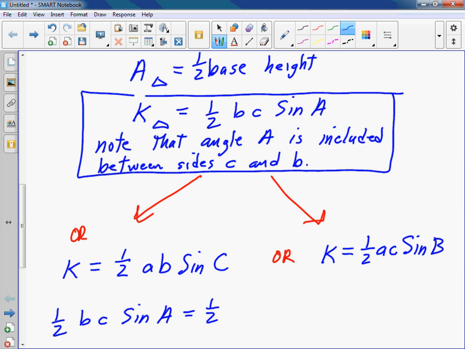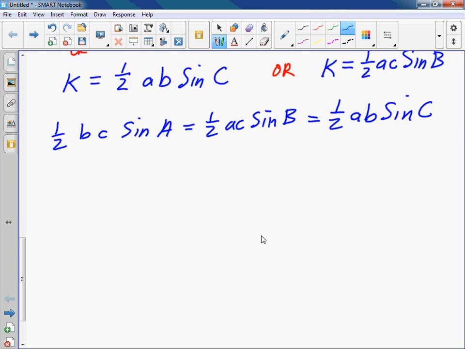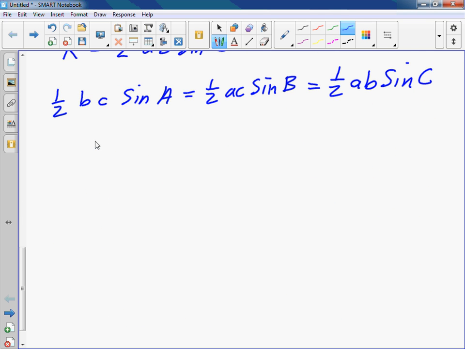Equals 1/2 AC sine B equals 1/2 AB sine C. Okay, Tanner, you ready? Okay, good. Now, we are going to try to clean this up. Okay, Tanner, what could I do? You're not used to seeing 3 items, and that's okay.